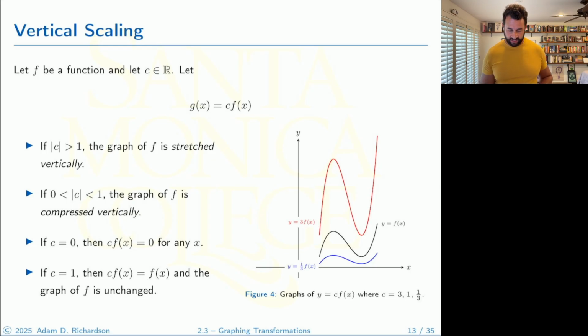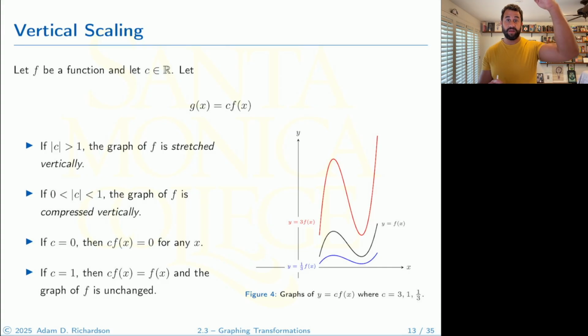Here are the details. If the size of c is greater than 1, you're going to get a vertical stretch. This makes sense if you use that fundamental intuition of multiplication. It's basically doing something a certain number of times, or stretching something, scaling it. So if c is like the number 4, you're taking what was the output and multiplying it by 4.